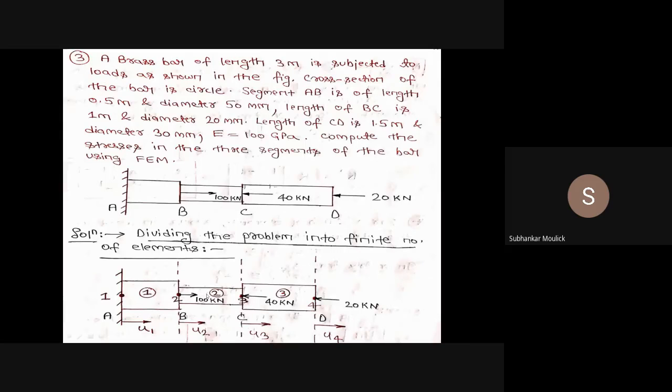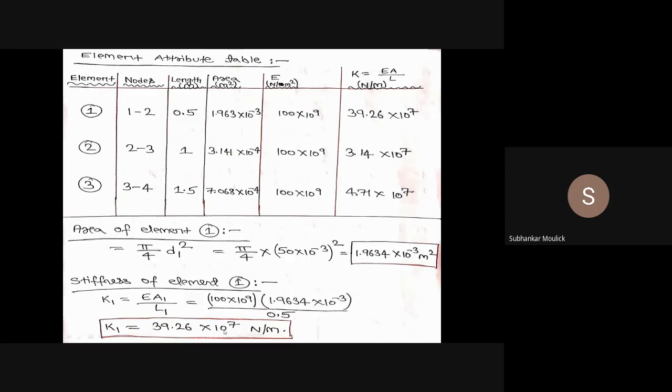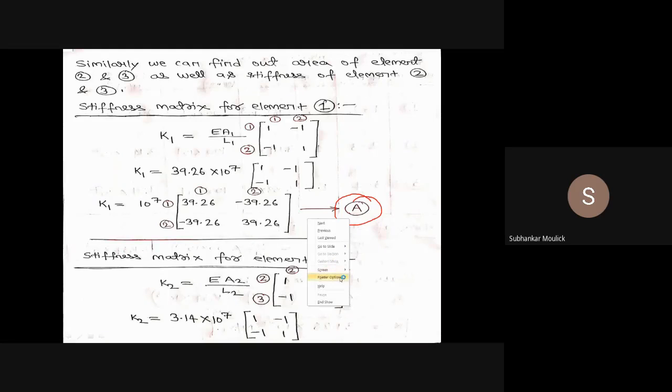I can see very clearly that in element number 2, two nodes are present, node 2 and node 3. So the size of the stiffness matrix for the second element will again be a 2 cross 2 matrix. The first row represents node 2, the second row represents node 3. Similarly, the first column represents node 2, the last column represents node 3.